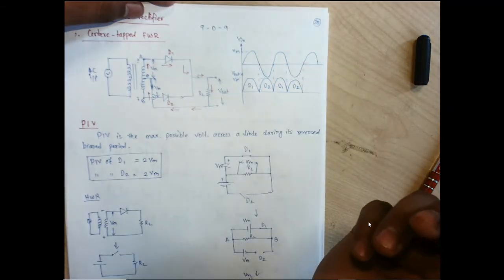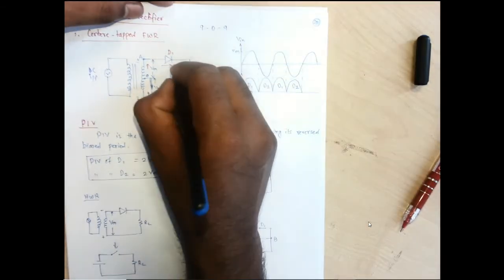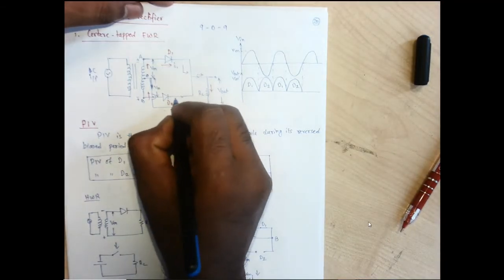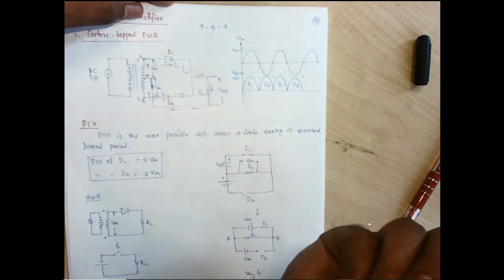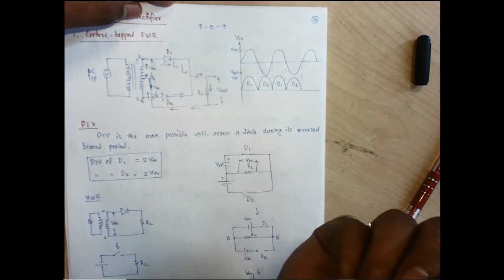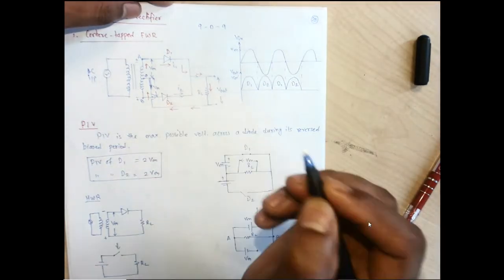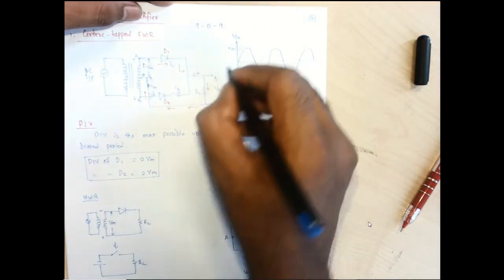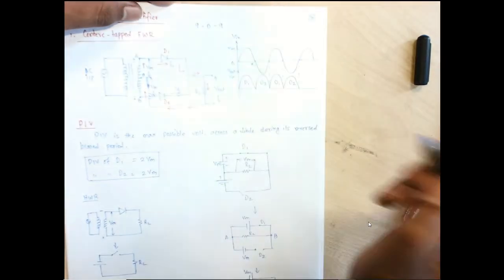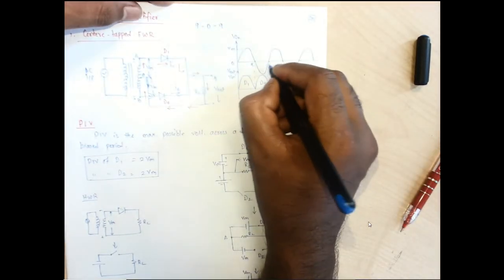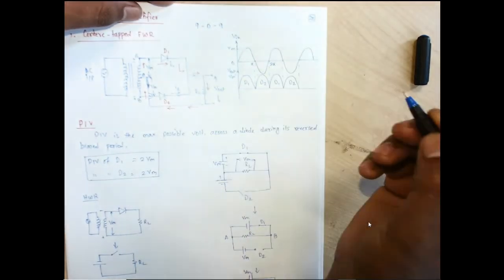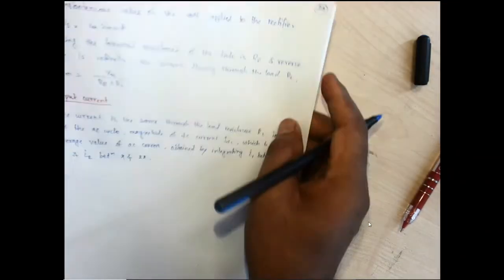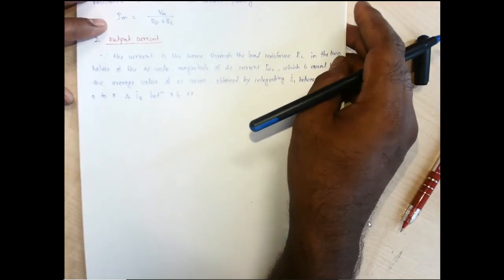Let us consider this current is I1. The current flowing during the conducting period of D2, let us consider it is I2. So I1 is available for 0 to pi, and I2 for pi to twice pi. That's why while taking the average, we need to take I1 and I2 for the two different periods.